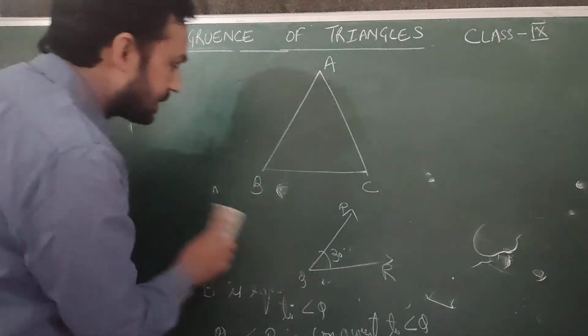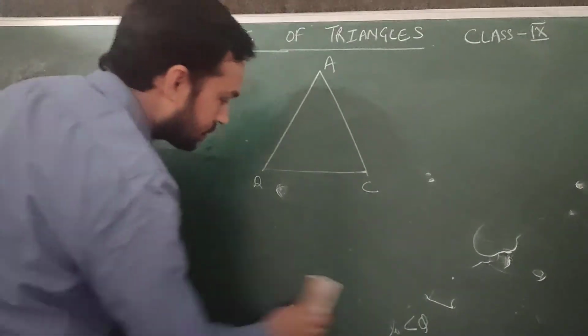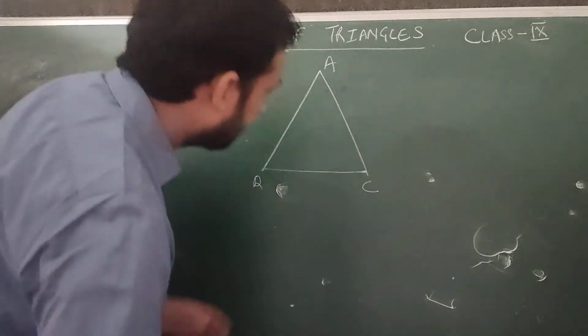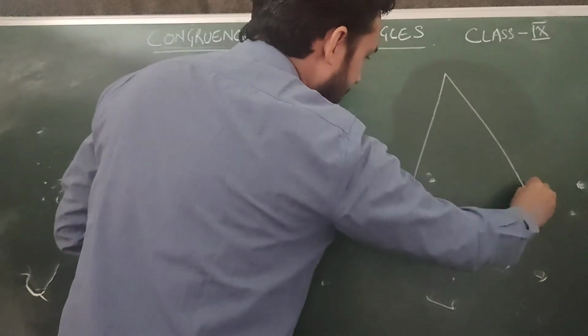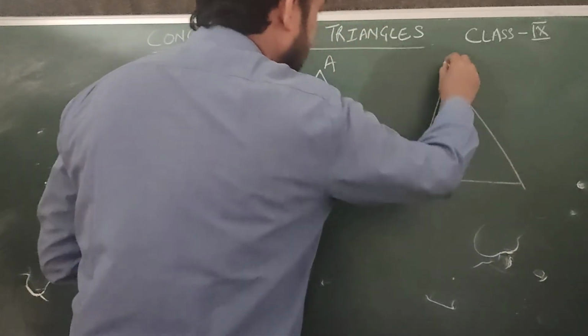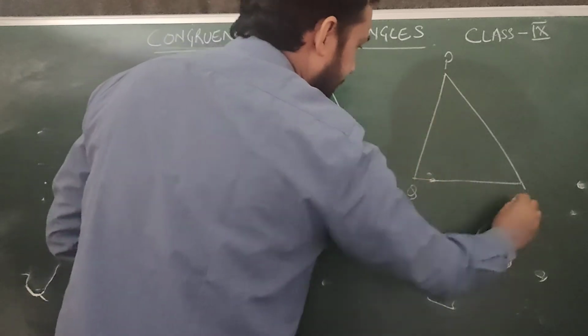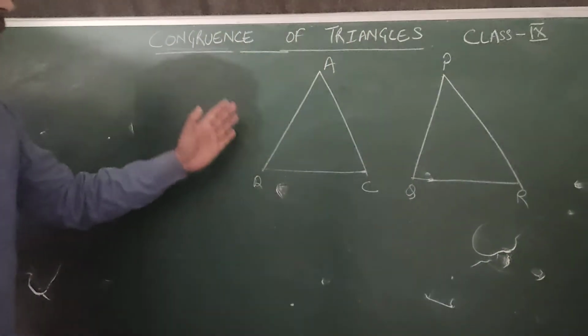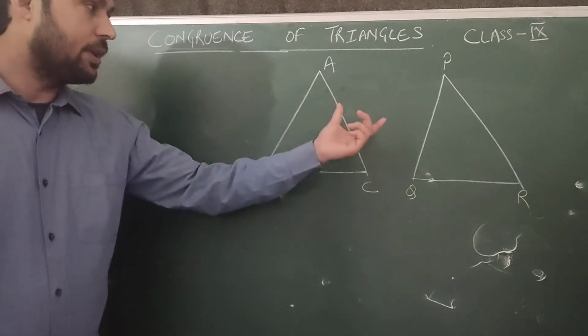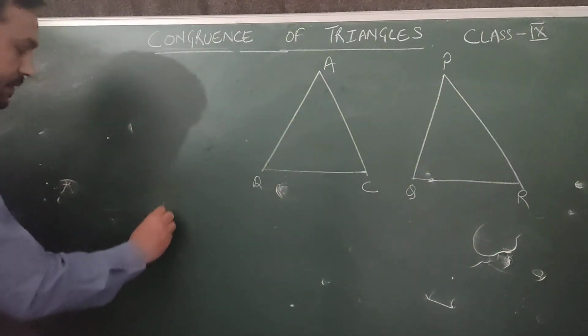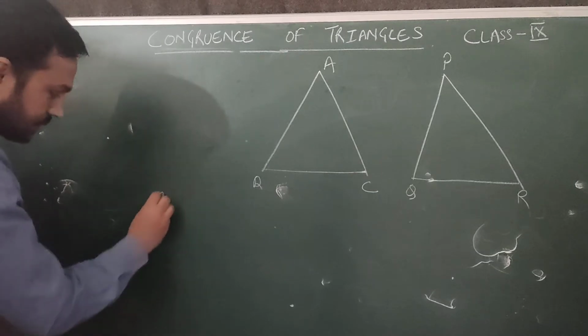So in simple words, what is congruent is, if two triangles have the same shape and same size. If the two triangles have same shape and same size, then we can say they are congruent, provided there are some criteria for congruence.